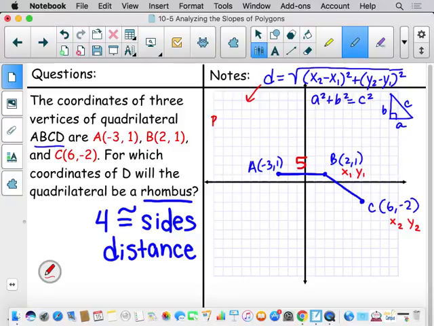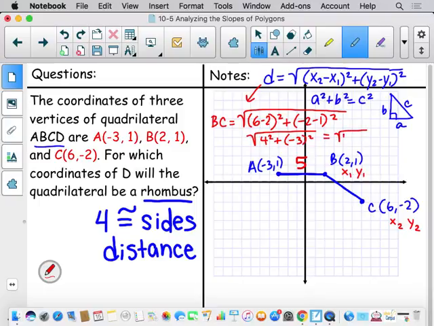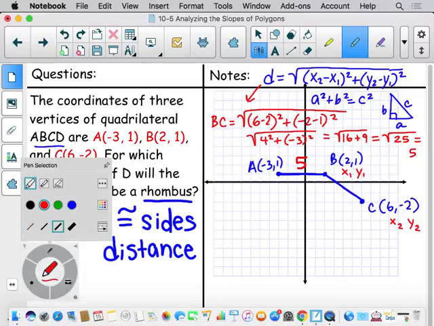So I'm finding the distance from B to C. So x2 minus x1, 6 minus 2, quantity squared, plus y2 is negative 2 minus 1, quantity squared. 6 minus 2 is 4, so 4 squared, plus negative 2 minus 1 is negative 3 squared. 4 squared is 16, negative 3 squared is 9, 16 plus 9 is 25, so the square root of 25 is 5. This side is also 5.